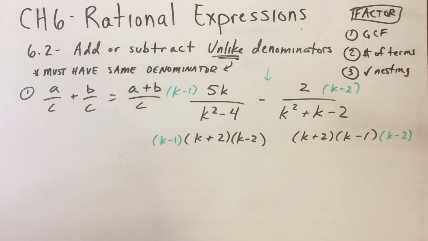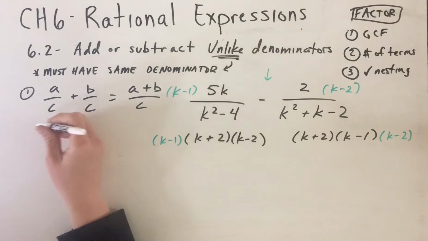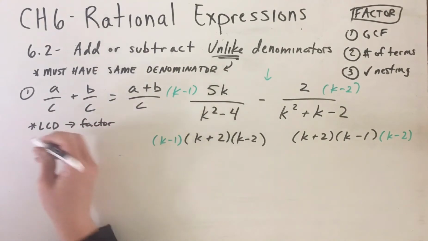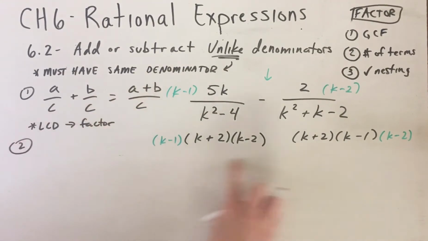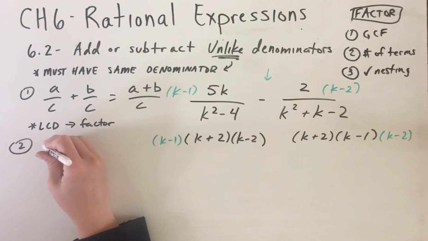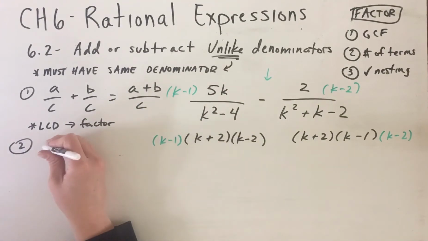Okay, so let's figure out what we have on top. What we just did here is we said, hey, we have to have the same denominator. So we found the denominator, or the LCD, by factoring. The next step we did is we identified the missing factor. And we multiplied each fraction top to bottom by the missing factor.